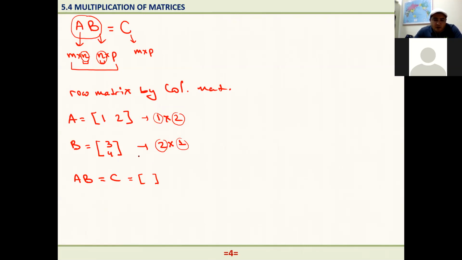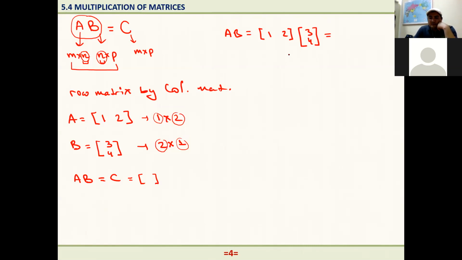Okay. So how do you multiply this now? So A times B. Now I know that this multiplication is defined. First, let's just write 1, 2, and matrix B, it is 3, 4.